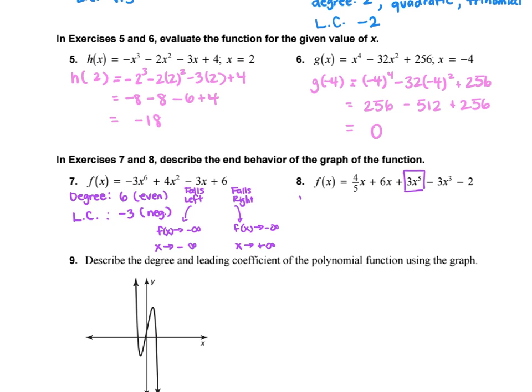The degree is 5, which is an odd degree, and the leading coefficient is 3, which is a positive leading coefficient. Okay, so whenever I think of odd degrees, I think about a line, okay, because odd degree functions behave the way a line behaves.